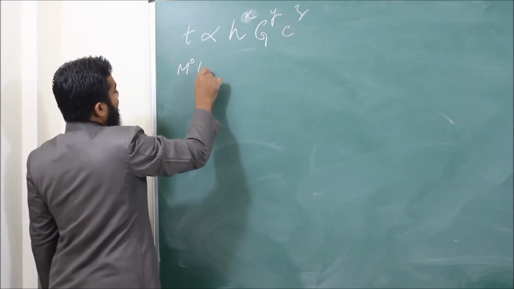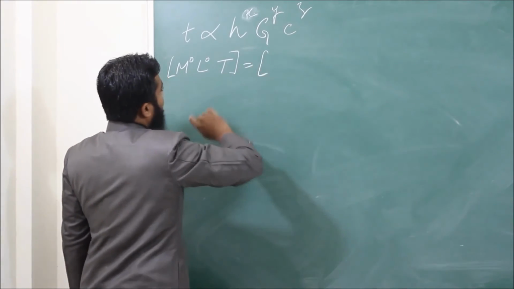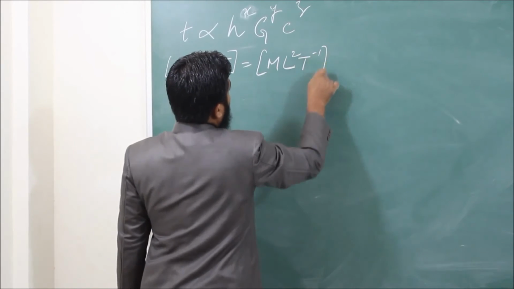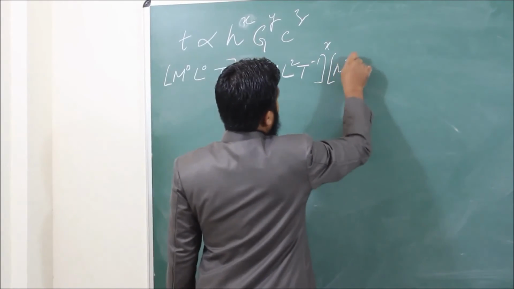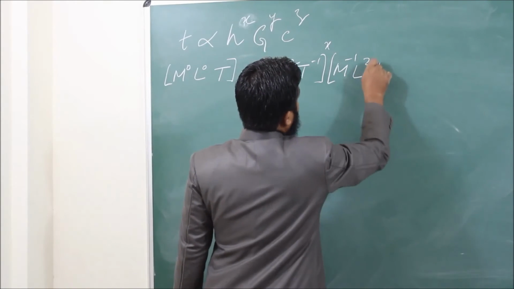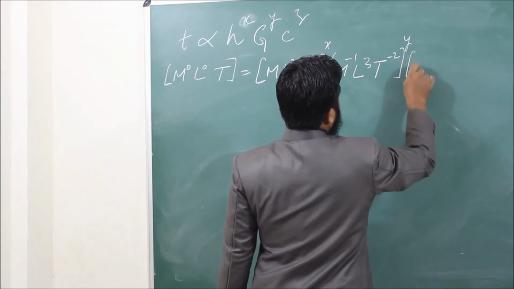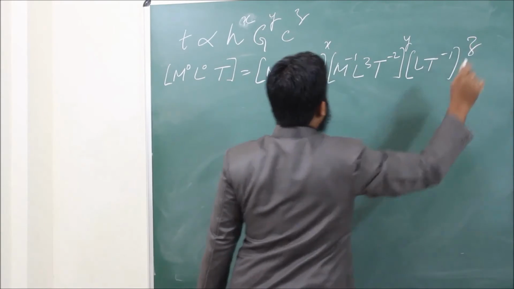So M0 L0 T, this is for time. On the right hand side, H has dimensions (M L square T minus 1) whole raised to the power X. G has dimensions (M raised to the power minus 1, L cube and T minus 2) whole to the power Y. And C has dimensions (L T minus 1) whole power Z.